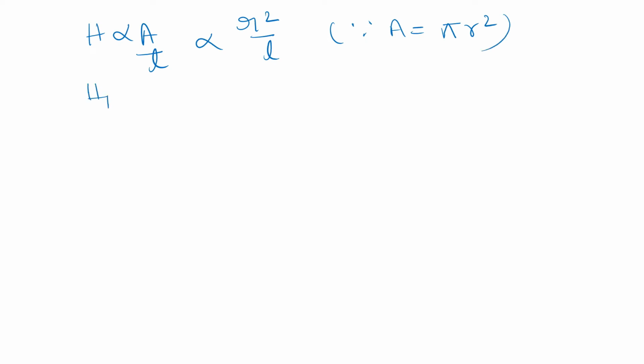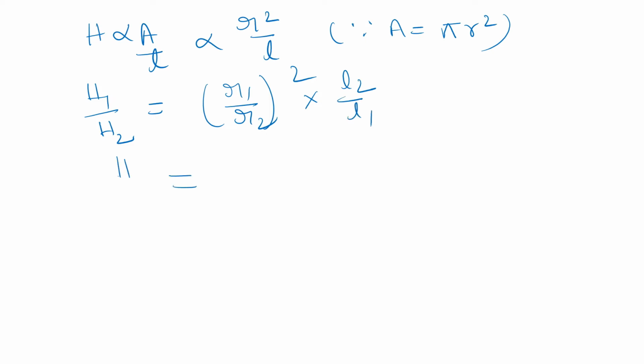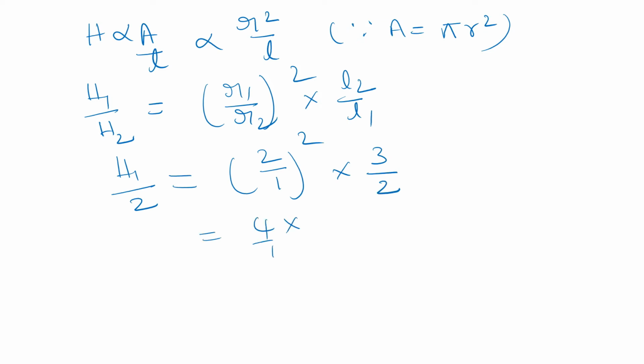So from this H1 by H2 is equal to R1 by R2 whole square into L2 by L1. Substituting values, H1 by 2 is 2 by 1 whole square into 3 by 2. So that is equal to 2 to the 4, 4 by 1 into 3 by 2, 2 ones, 2 twos.